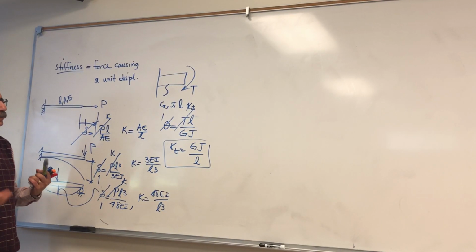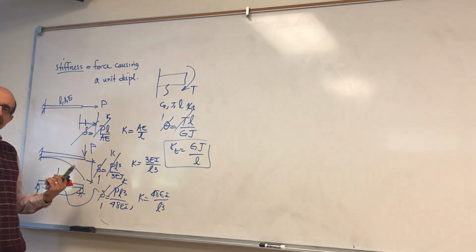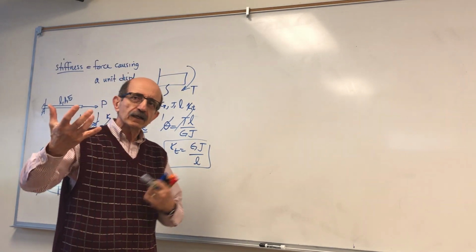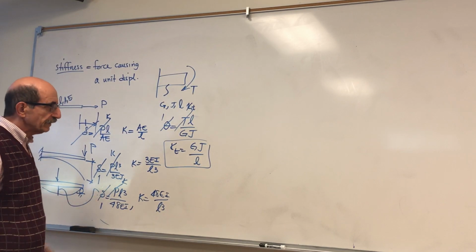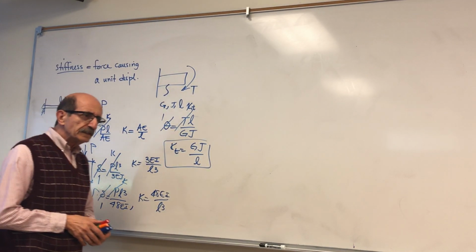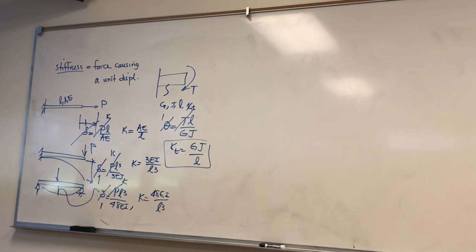So what we want to know is, if you have a structure made of different components, how you add up these different stiffness components for the structure, for mechanical vibration purposes. In vibration, we encounter basically two cases for the most part.